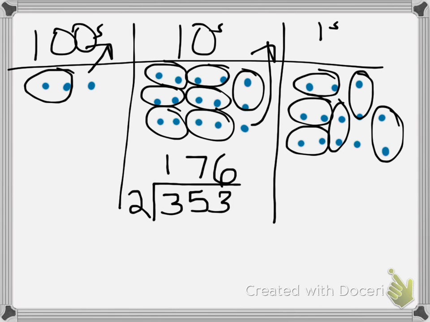There's 1 one remaining, so we just call this a remainder. So I'm going to put an R at the end of my answer and put a 1, so that shows that it didn't work out evenly in the end, but our answer is 176 remainder 1.